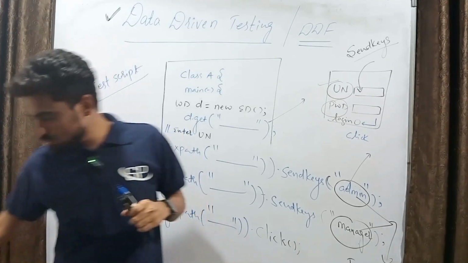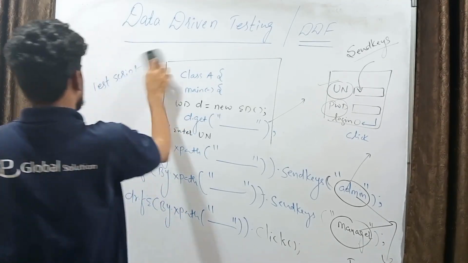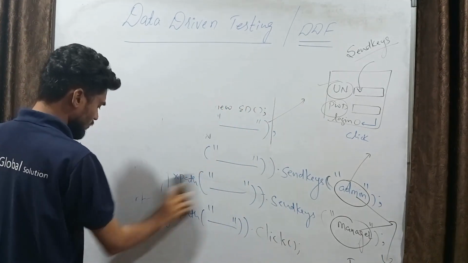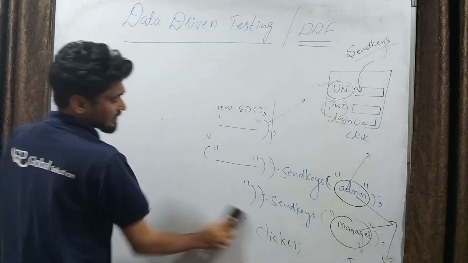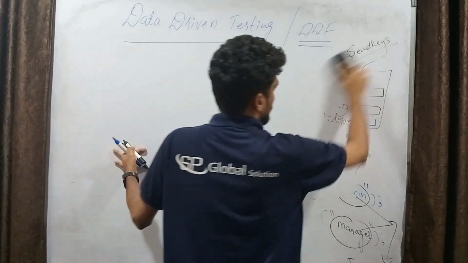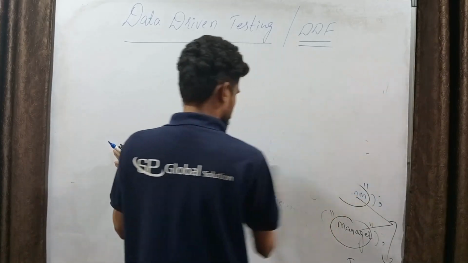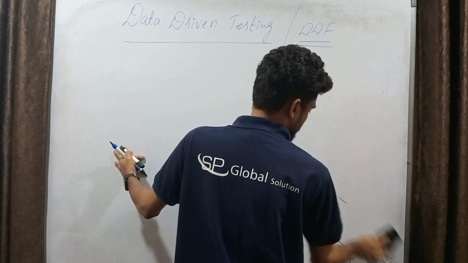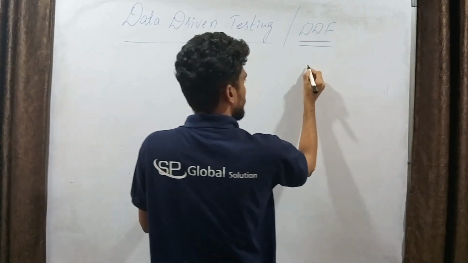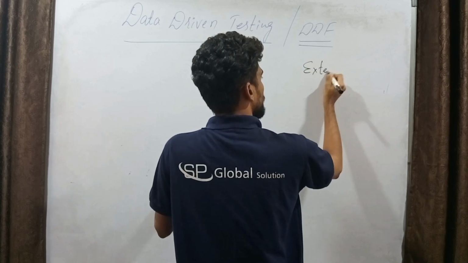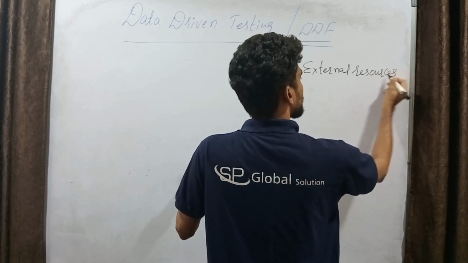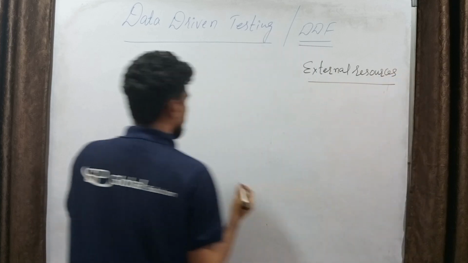Okay, I will show you here. Observe carefully. Now see, I'll take some external resources, I will write the third parties, and finally we'll call them in the test script. The first one is external resources, and what those external resources are, I will teach you.